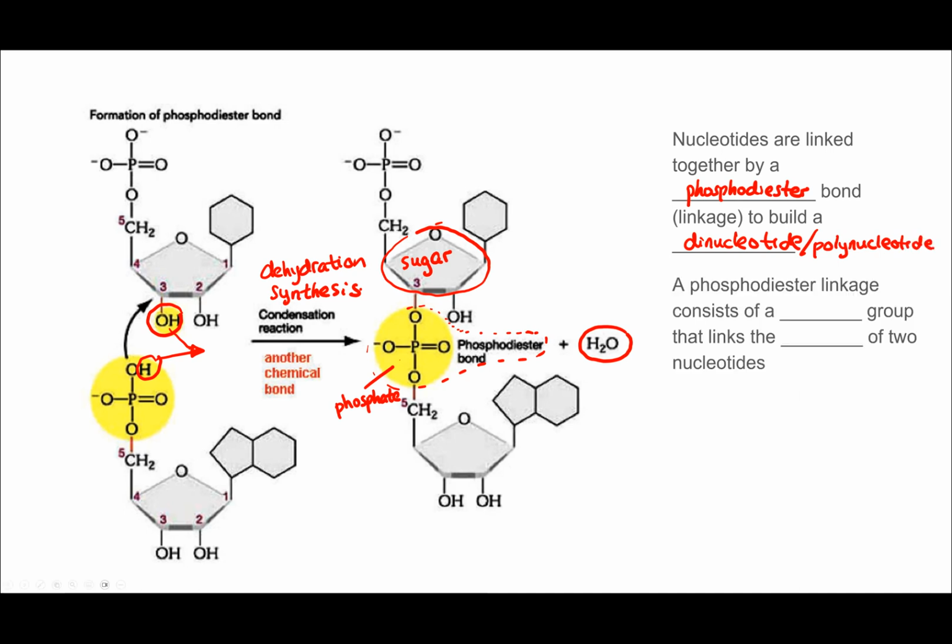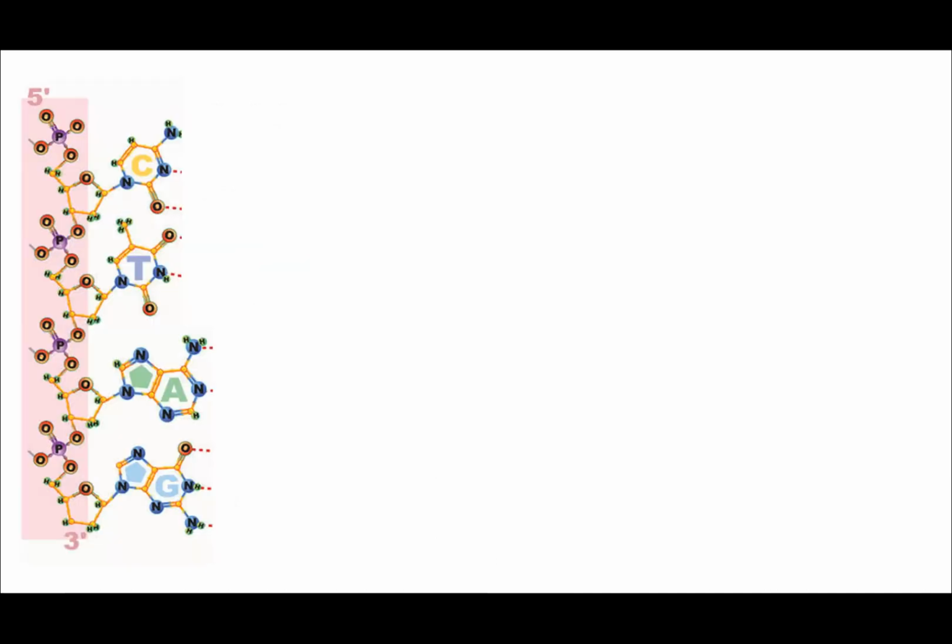A phosphodiester linkage consists of a phosphate group that links to the sugar of the two nucleotides. These links will create a backbone that consists of the sugar and phosphate. Hence, we call this the sugar-phosphate backbone. So here is a picture of the sugar-phosphate backbone of 4 nucleotides.